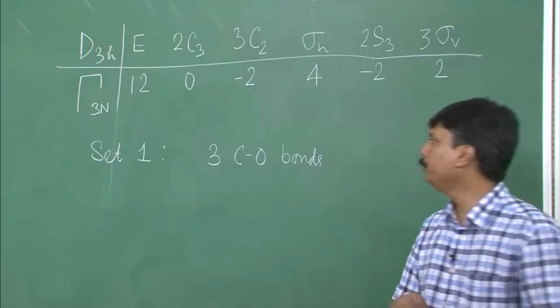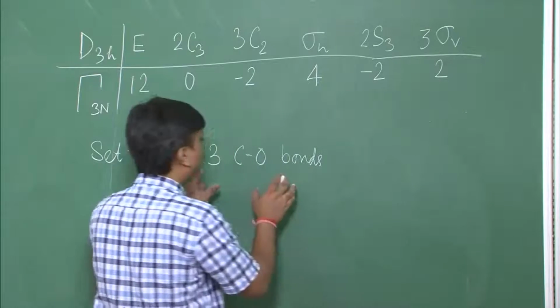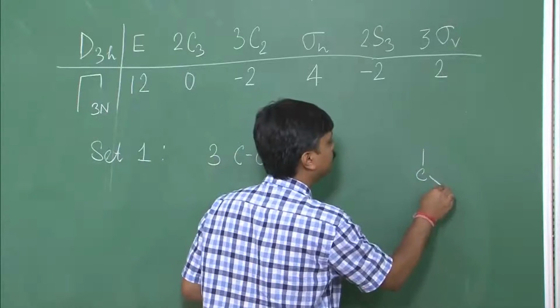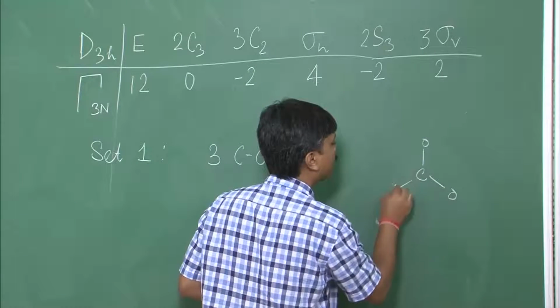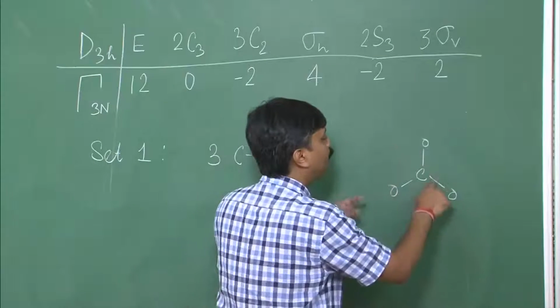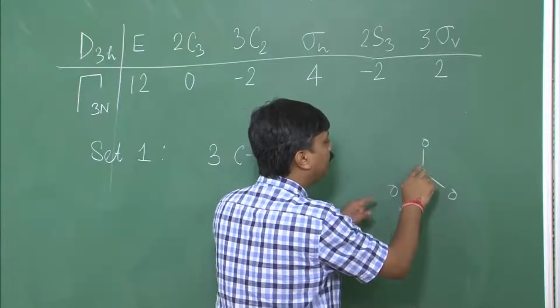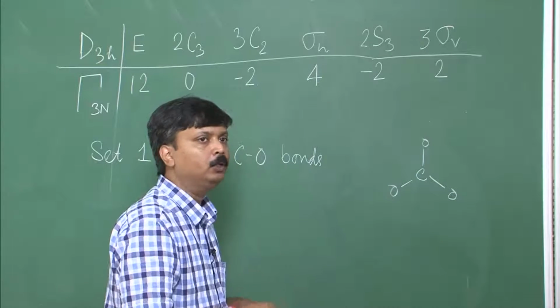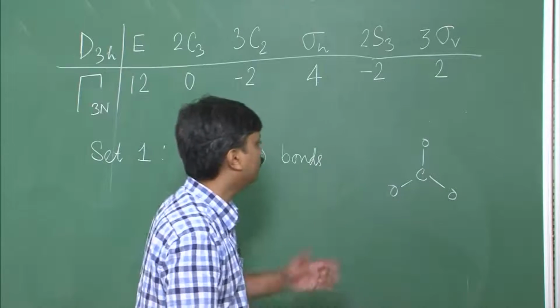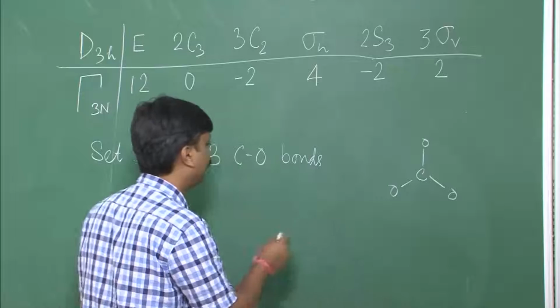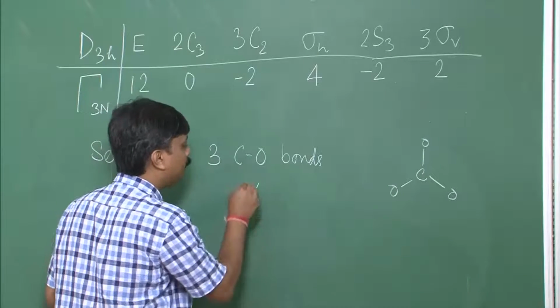So if you form a representation where you are considering only this, right? These 3 bonds can either be stretched in the same amount at the same time, which will be very much symmetric. So definitely that will be giving me the totally symmetric irreducible representation A1 prime.